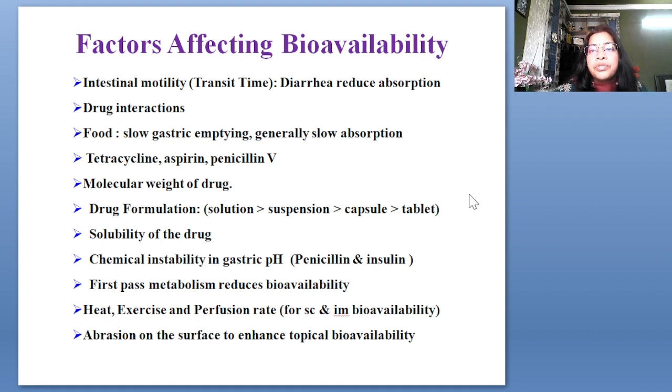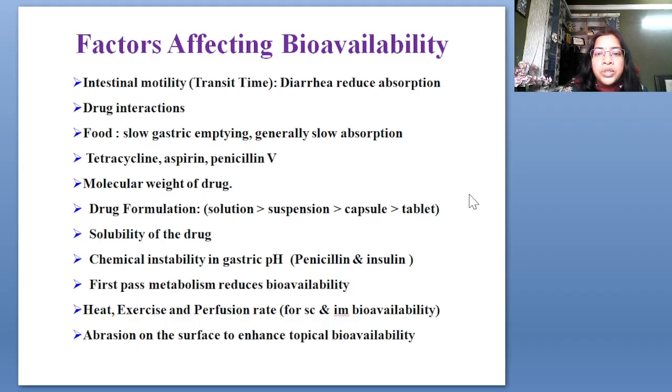Then, what are the different factors affecting bioavailability? All the factors which affect absorption of the drug will also affect the bioavailability, like intestinal motility, drug interactions, content or type of food in the GIT, molecular weight of the drug, types of formulations and dosage forms, like solution, suspension, capsule, or tablet.